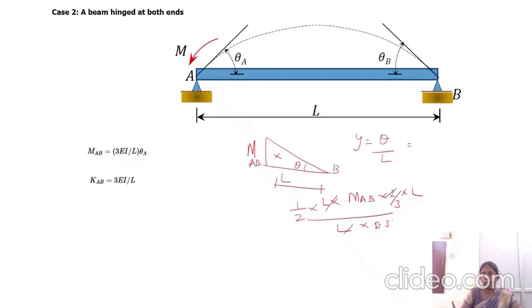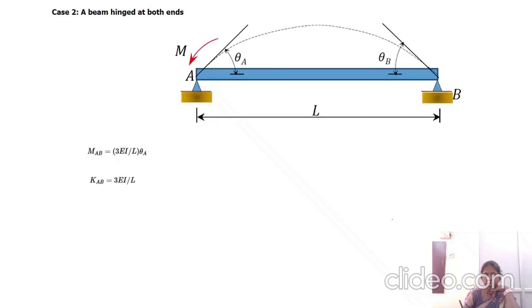So we will have ML by 3EI. Okay. Actually, I missed some points here.